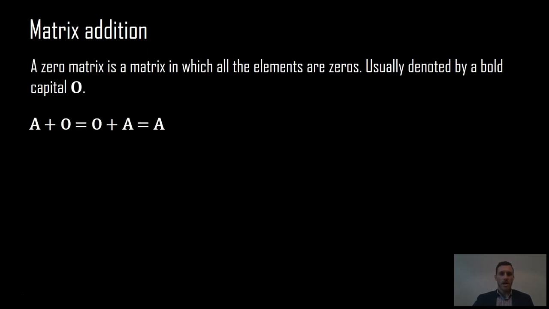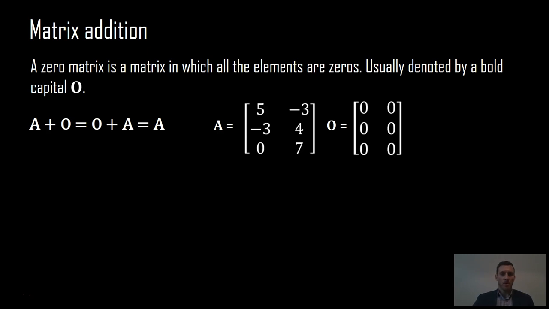A zero matrix is an m by n matrix in which all the elements are zeros. If we add a zero matrix to a matrix, the result is the original matrix. Here we have matrix A, and we've got a zero matrix. They're of the same order, and therefore they can be added together.